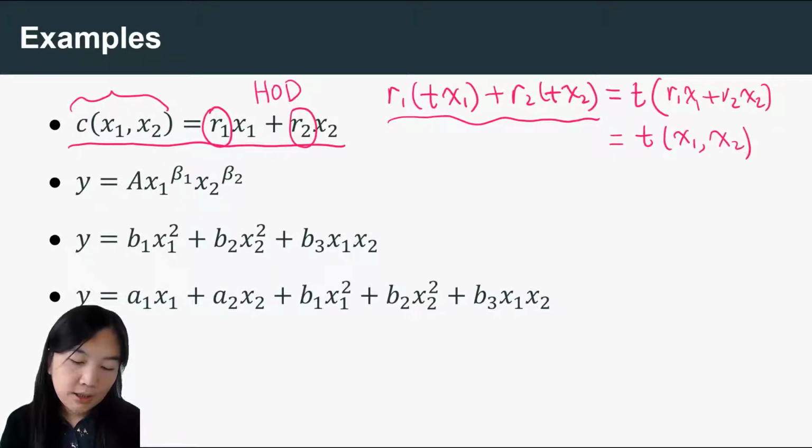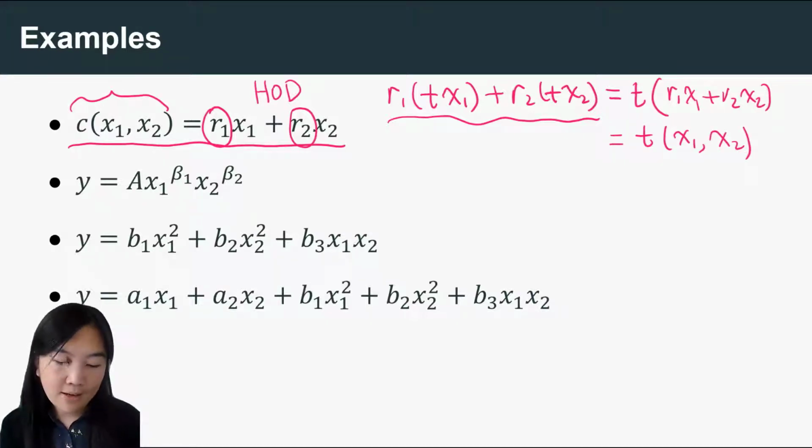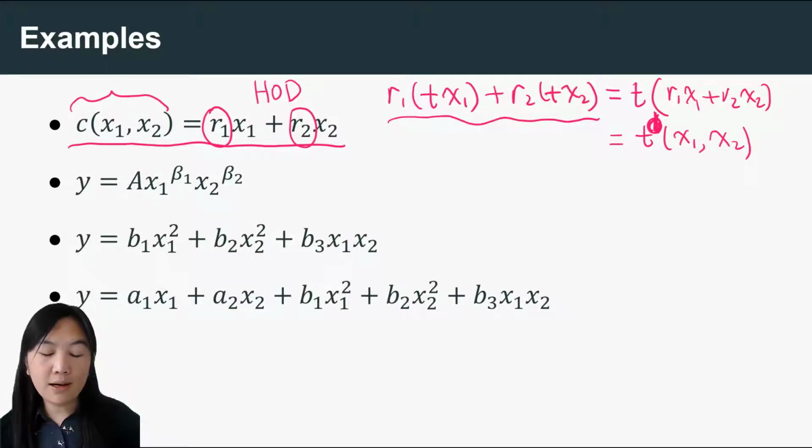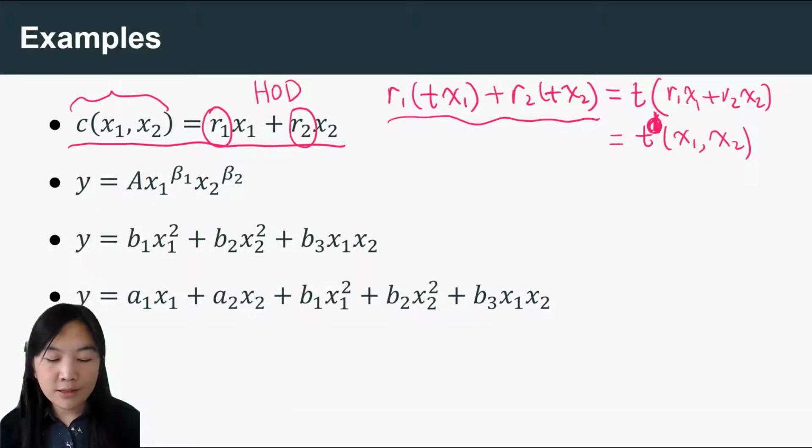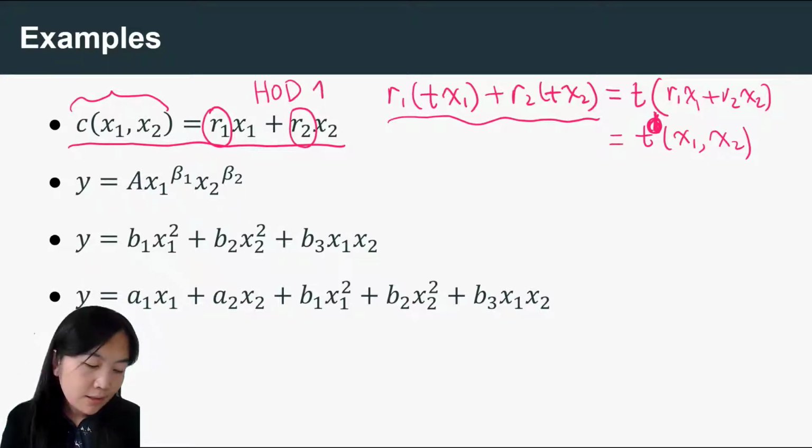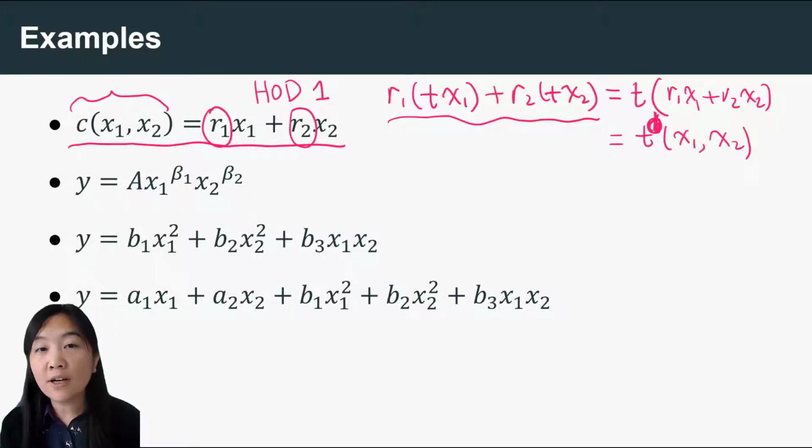So here we don't have an exponential component, because the exponent is 1. When it's 1, we can just skip it. So this is a homogeneous of degree 1 function.